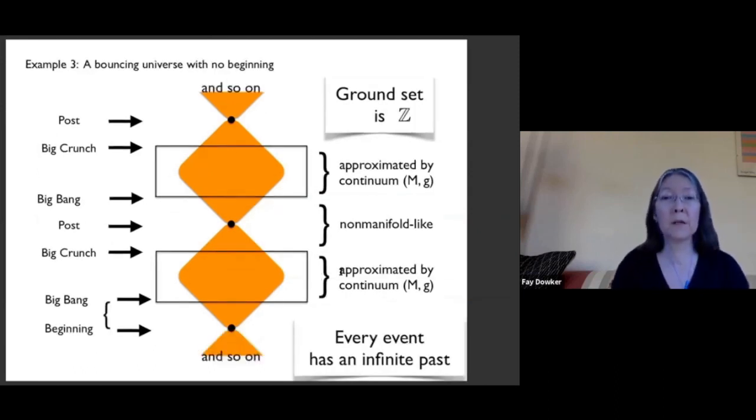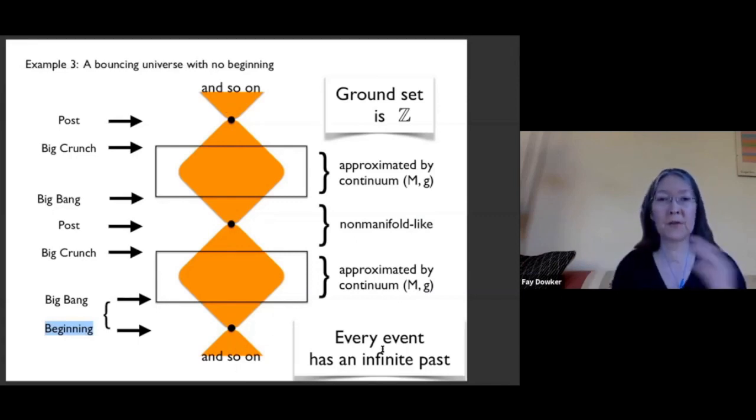Now this picture is almost the same as the one before, except this is a bouncing universe with no beginning. So here's a post, but it's not the beginning. It has a past. So this causal set stretches up into the infinite future and down to the infinite past. In this case, every event has an infinite past.